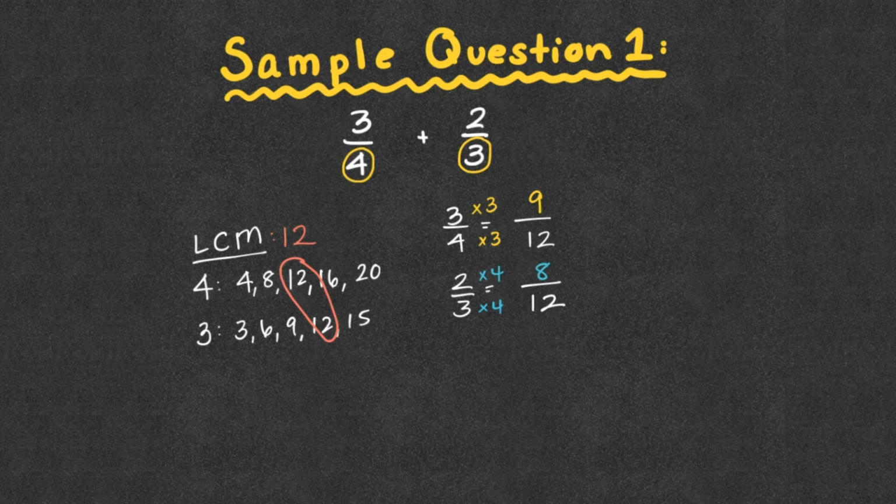Now I can add my numbers together. I have 9/12 plus 8/12 is going to give me... where did I get 20 from?